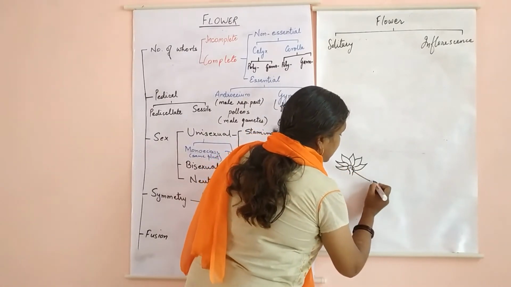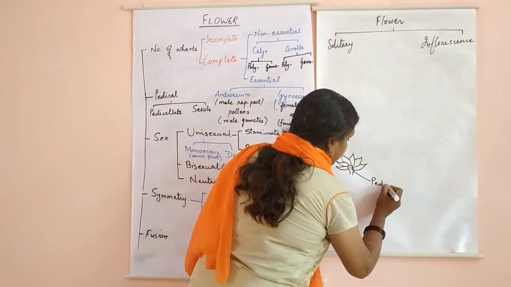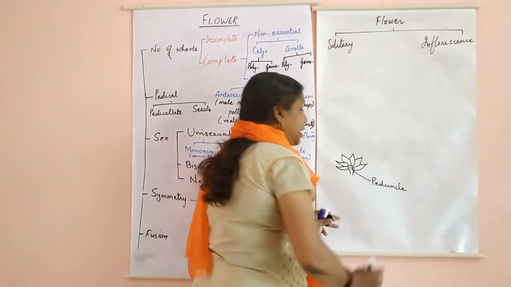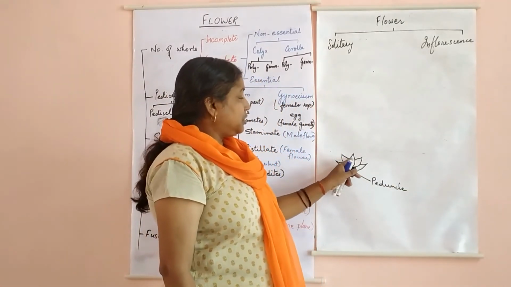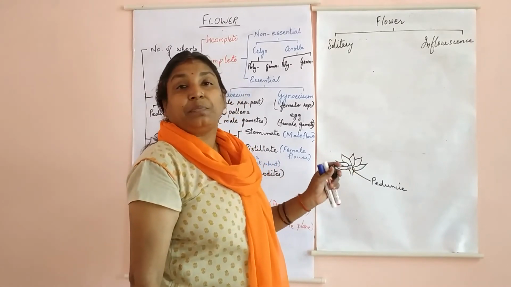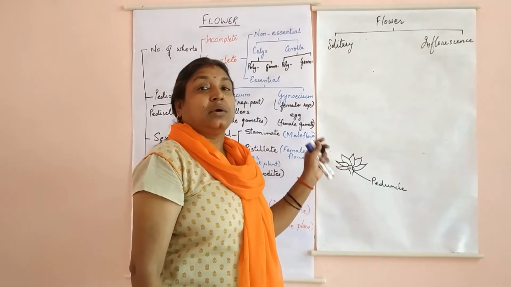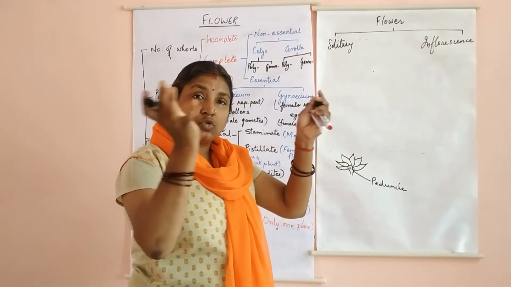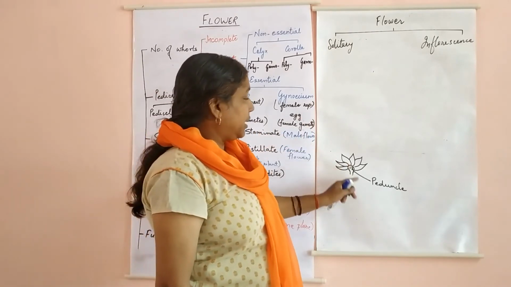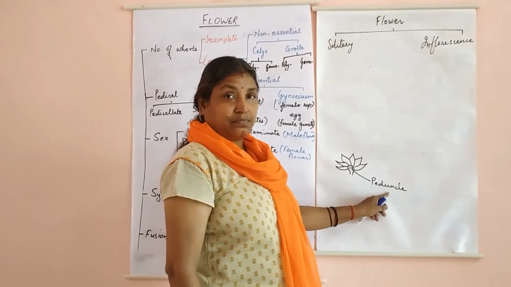The stalk on which these flowers are borne is known as peduncle. The individual flower may be pedicellate or sessile. If it has a stalk, that stalk is known as pedicel, because this is a single flower. But now we have a group of flowers arranged on the floral axis, and that stalk is known as peduncle.